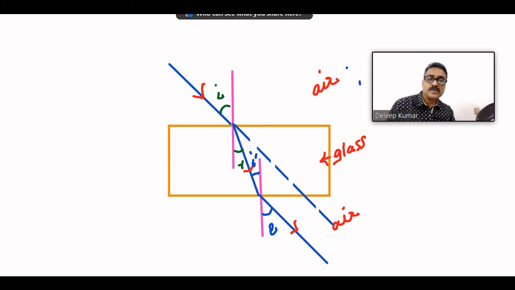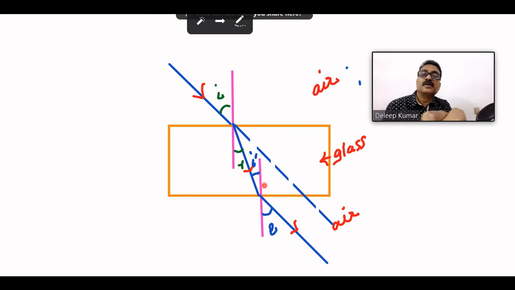Now we can observe one more thing, that there's a shift. What do we mean by shift? The emergent ray is going like this, and you check it against the incident ray. When you extend this incident ray, you can find this. That means there's a shift. How much?